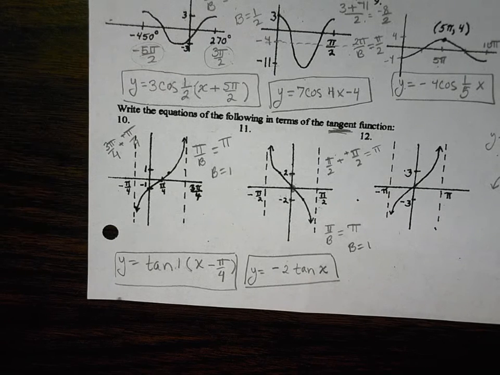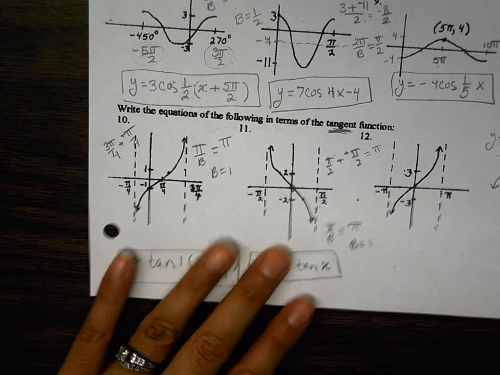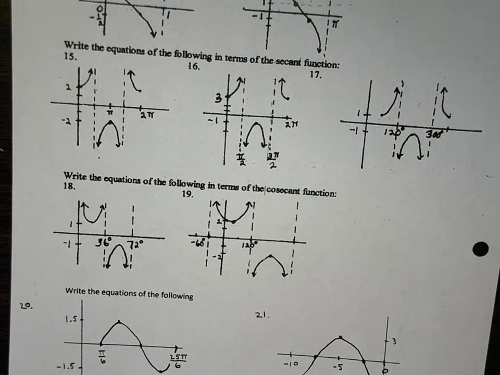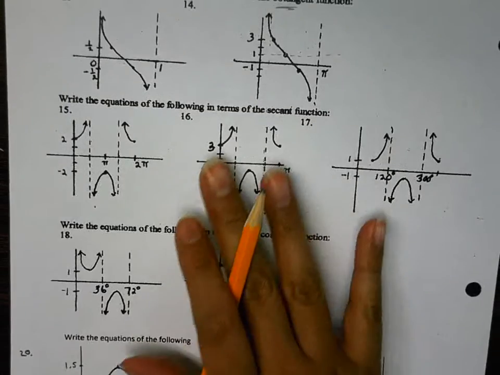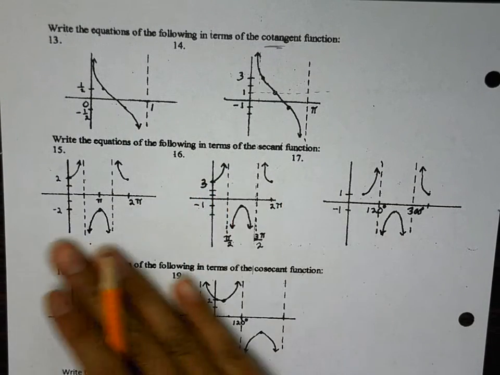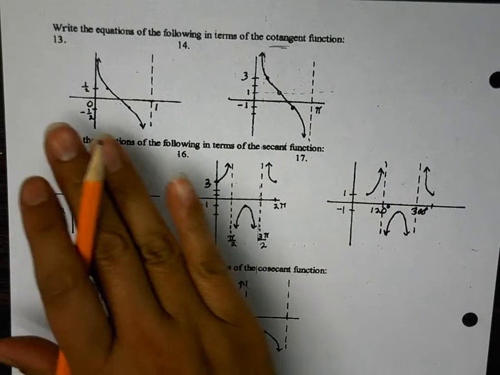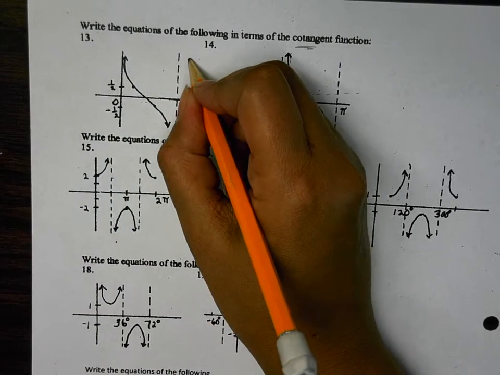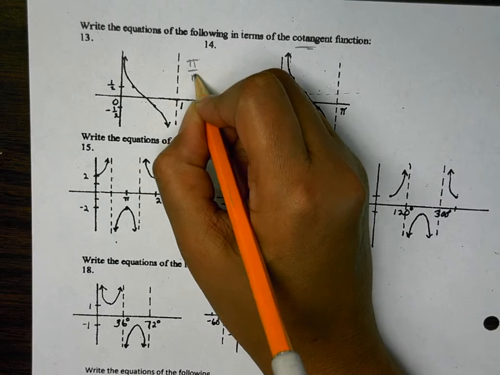All right, let's flip over to the back side. What's nice about cotangent, because it does not split, you treat it just like sine and cosine as far as where you start and where you end. The only difference is you do pi over b instead of 2 pi over b.